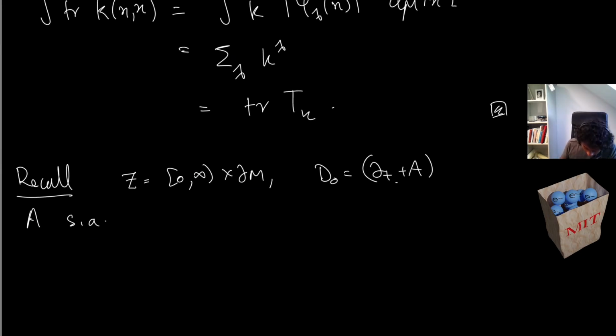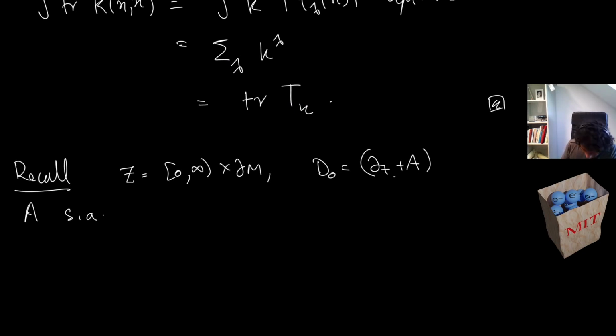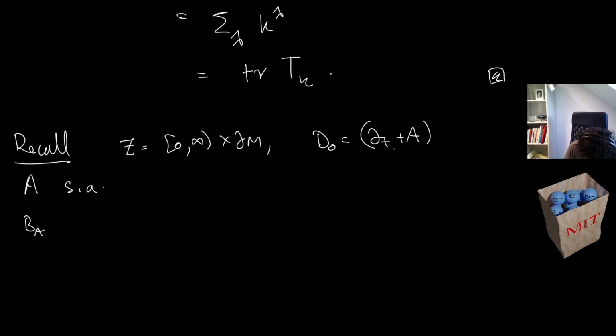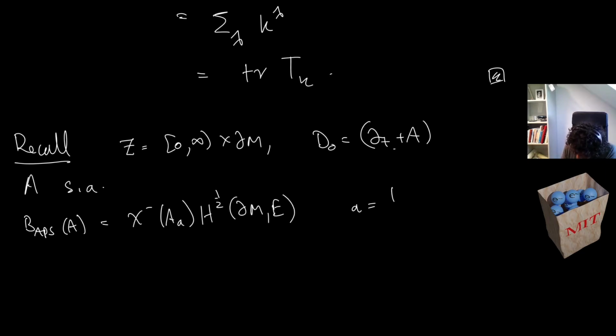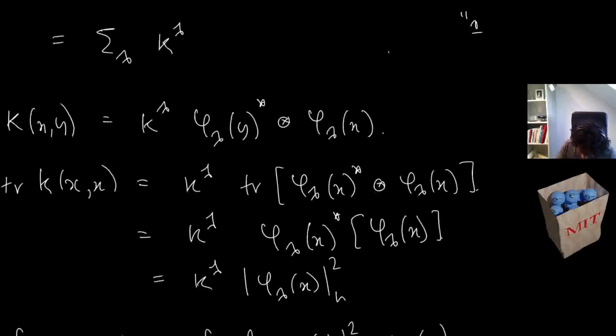So now remember we had the APS boundary condition, which we define as the spectral cut of the minus of the A little a of H half partial me. Sorry, maybe I should just write partial me, where the a was equal to a half of the minimum of the eigenvalues minus 1 and the 1, right? So the modulus of these eigenvalues. Okay, so this is what we have.